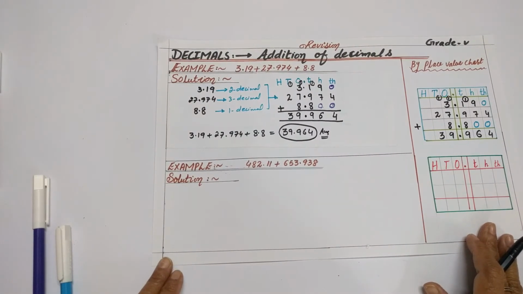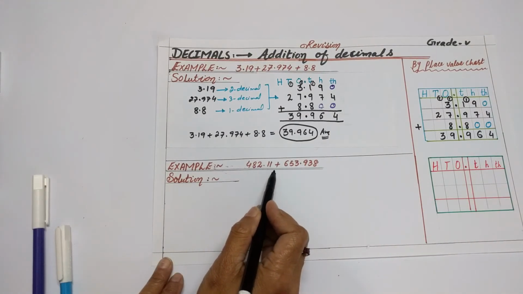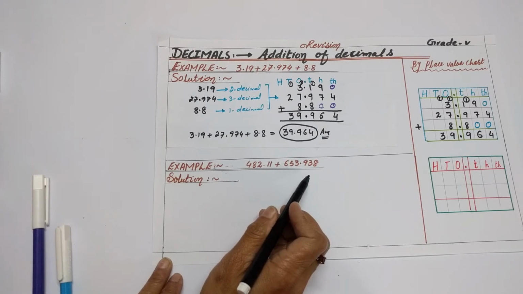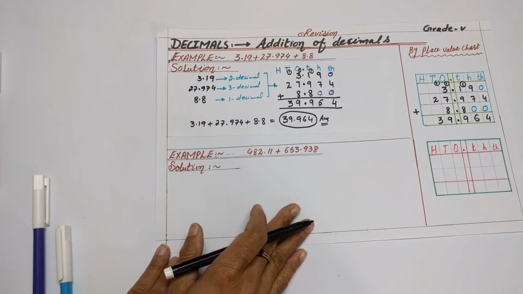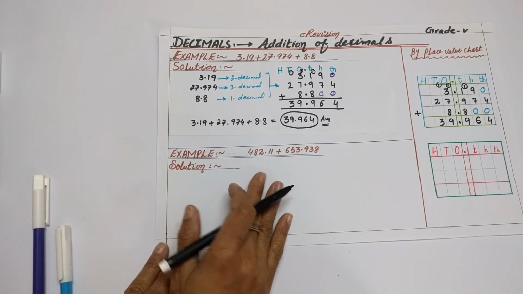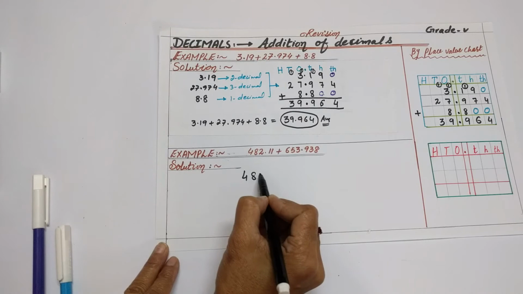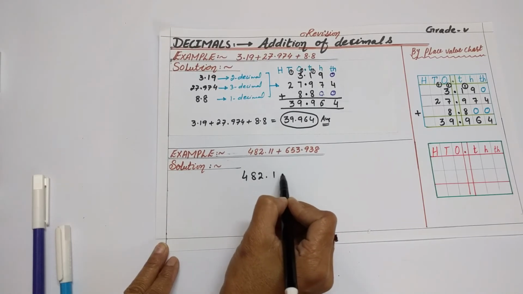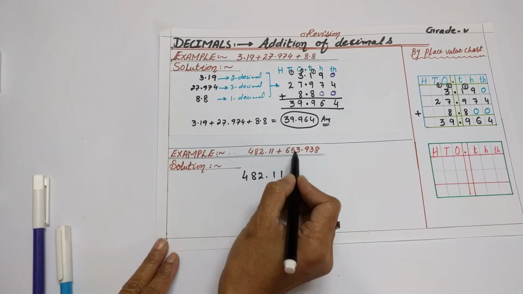Our second example is 482.11 plus 653.938. So firstly we will check whether these numbers are like or unlike. 482.11 is our first number and the second number is 653.938.